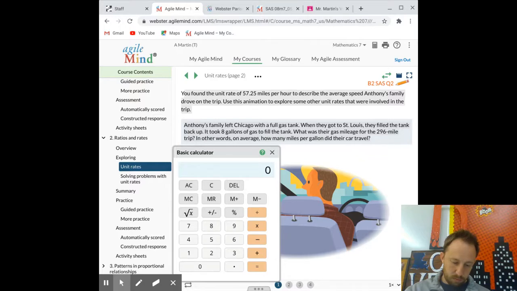Do you divide the miles by the gallons? Correct. So we got 296 divided by our gallons, which was 8. And so how many miles per gallon do we get? 37. 37 miles per gallon. Perfect.